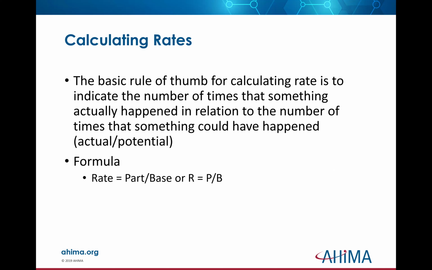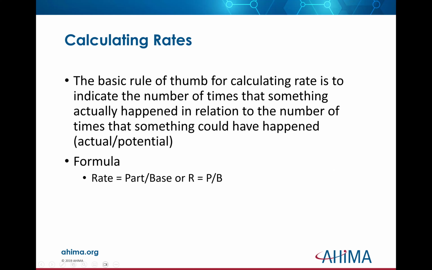And we see a lot of this in terms of autopsy rates, mortality rates, all different types of things. So it's going to be an important thing to keep in mind as we look at rates.